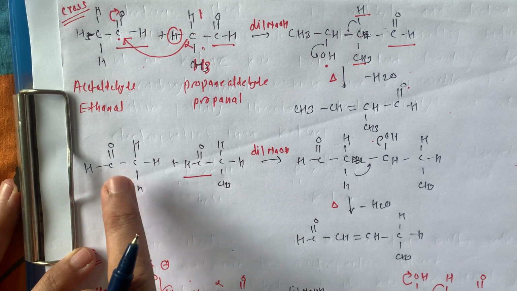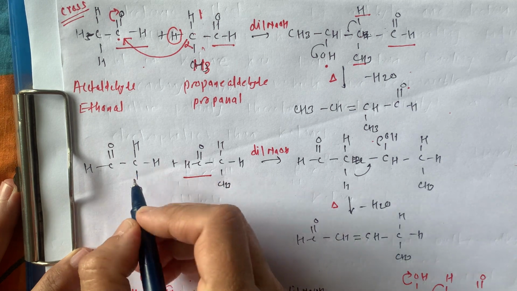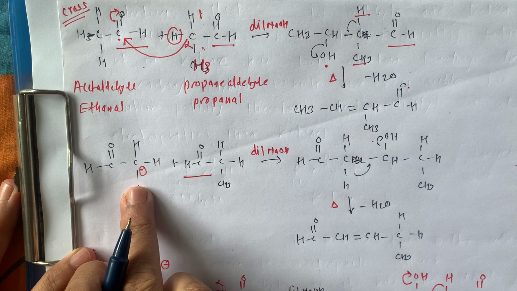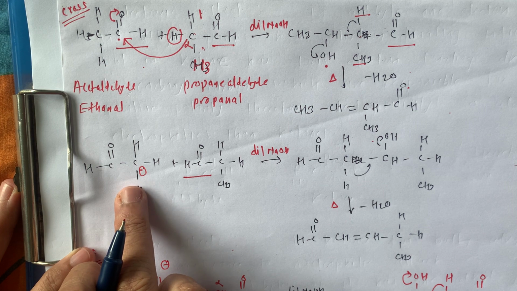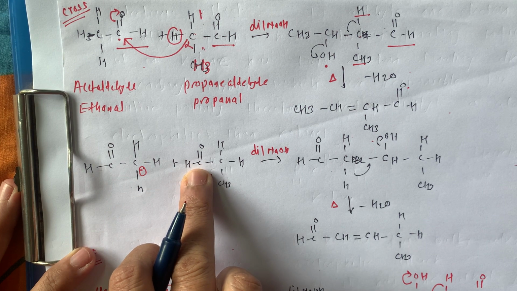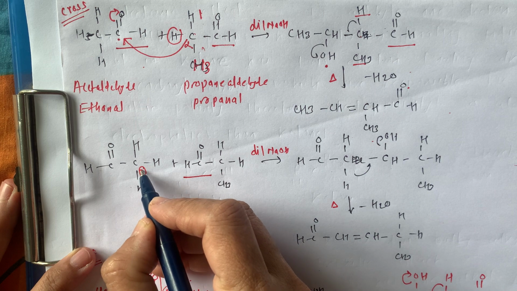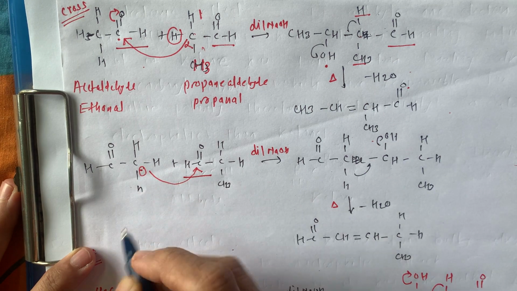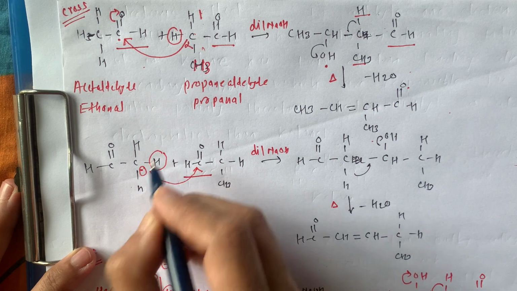From this first molecule we treat this as the alpha carbon. This alpha carbon is going to attack on this carbonyl carbon by abstracting one H.